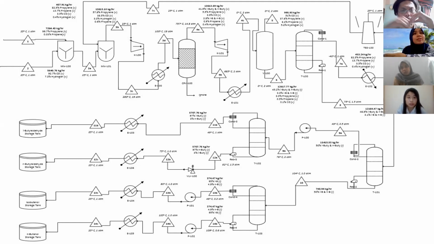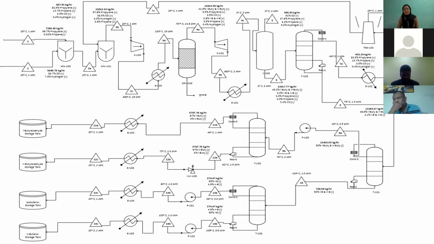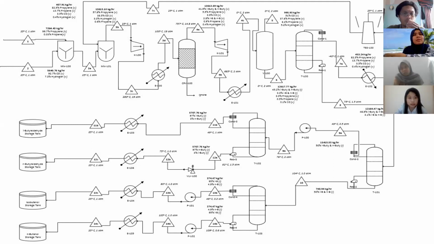The purpose is to increase the pressure, sorry, because the condition for the reactor is 19 atm. So we increase the pressure first, and after the pressure increases, the temperature also increases. So we need to cool down the temperature. That's why we have a compressor and a cooler. Okay.